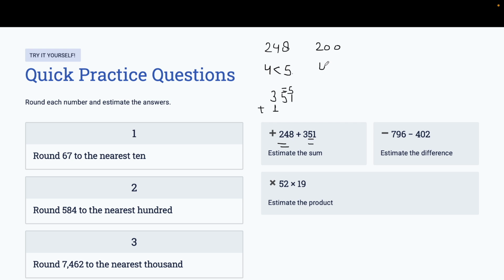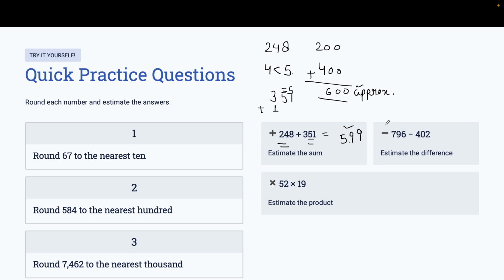So it becomes 400. Now add the estimated values and the answer is 600, which is very close to the real one. And what is the real answer? 8 plus 1 is 9, 4 plus 5 is 9 and 2 plus 3 is 5. Okay, the approximate answer when we estimate is 600 and the actual answer is 599.